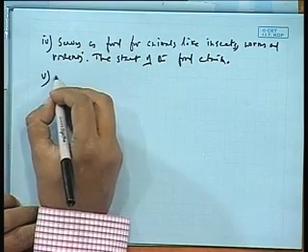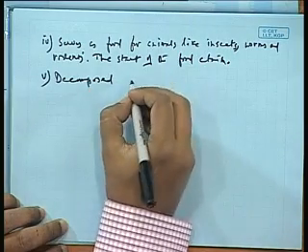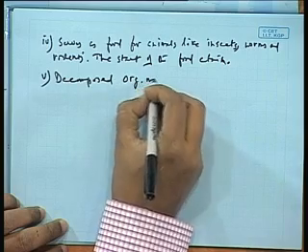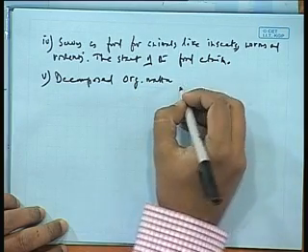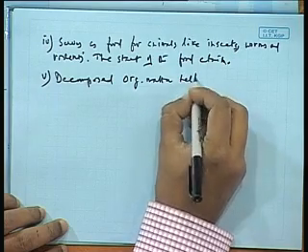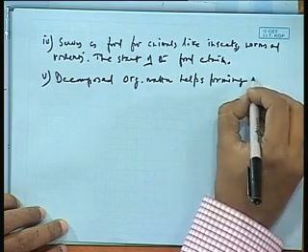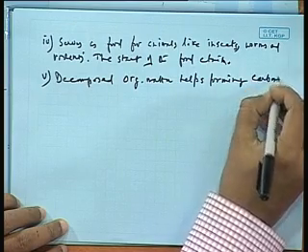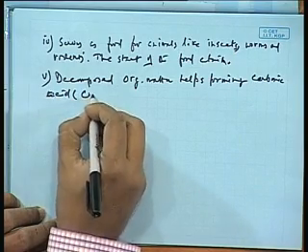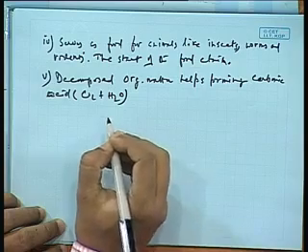The fifth point is that decomposed organic matter helps in forming carbonic acid, CO2 plus H2O.